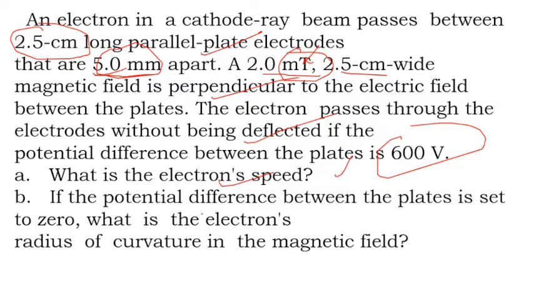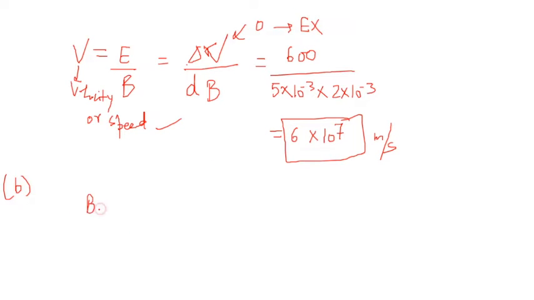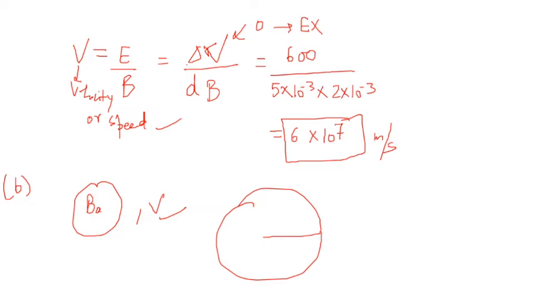If the potential difference between the plates is set to 0, what is the electron's radius of curvature? Here we are talking about velocity, or speed. In the second part, we are given that delta V becomes 0, which means there is no electric field. Because there is a magnetic field, B, and there is some speed, our electron will move in a circular path.